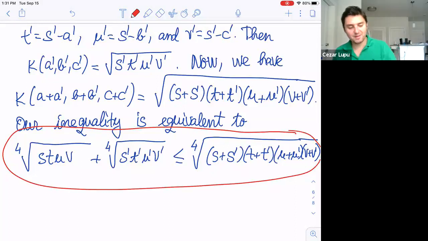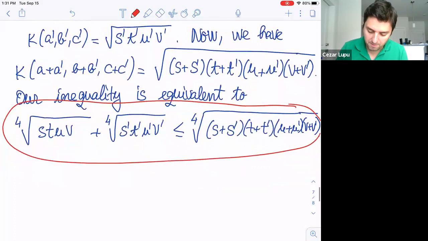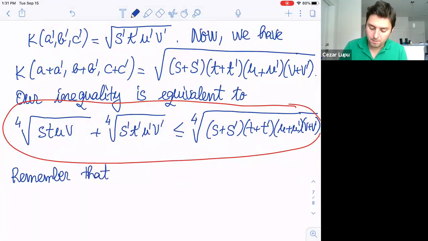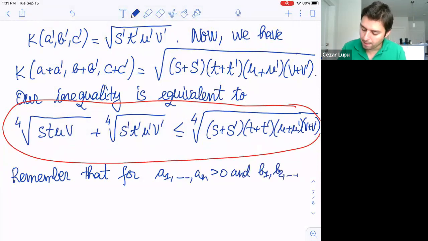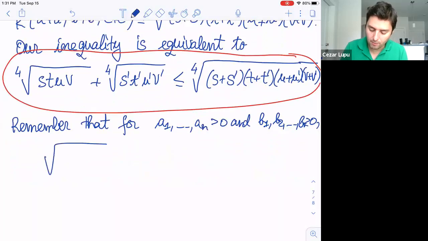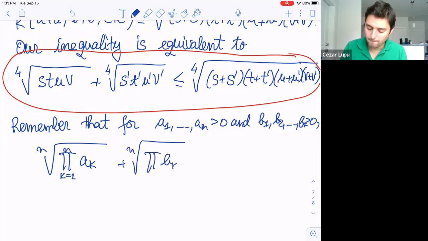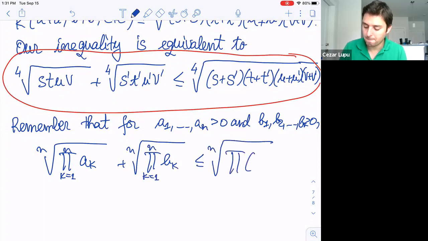Do you remember? For A1 through AN positive and B1 through BN positive, we have that the nth root of the product, do you remember this?